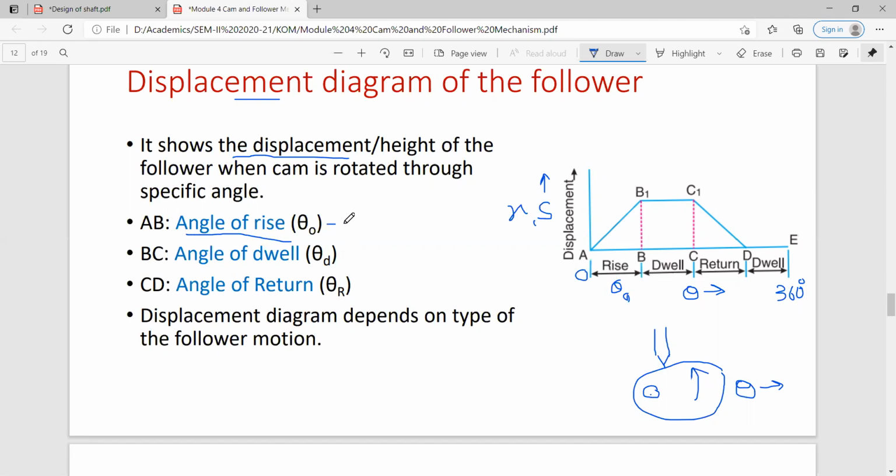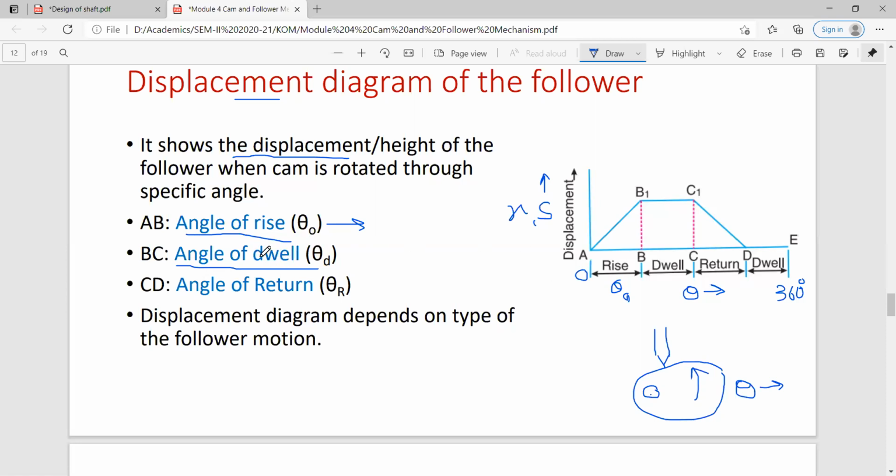How will you define the angle of rise? It is the angle through which the cam rotates and the follower moves from its lowest position to the highest position. Then there is the term angle of dwell, which means it is not moving anywhere, it is maintaining its position.